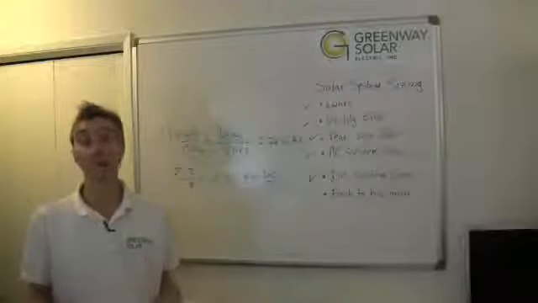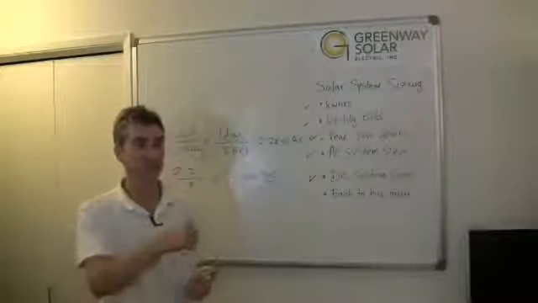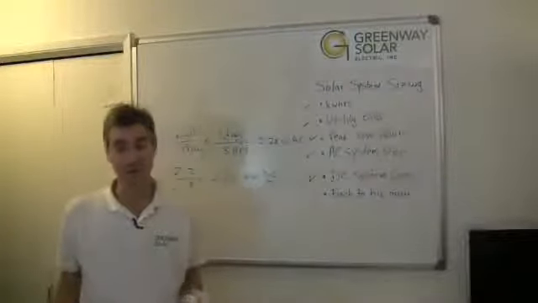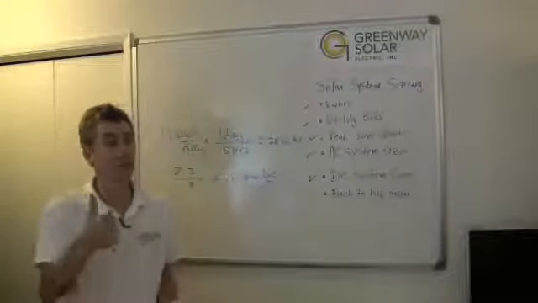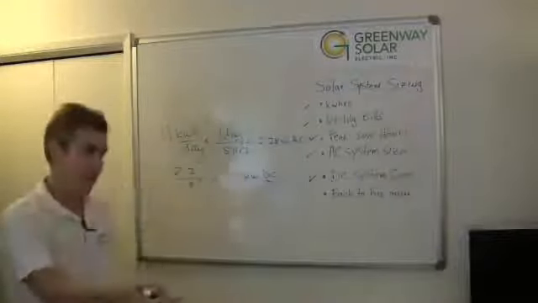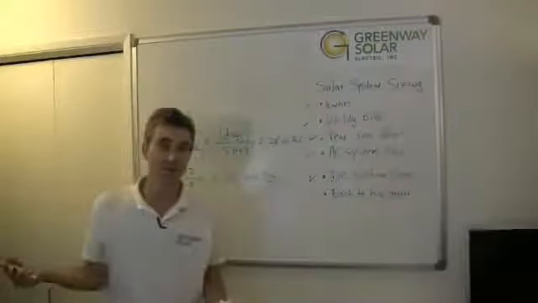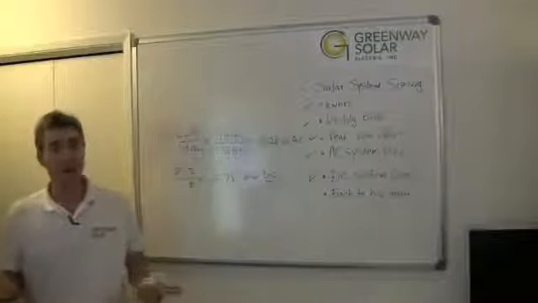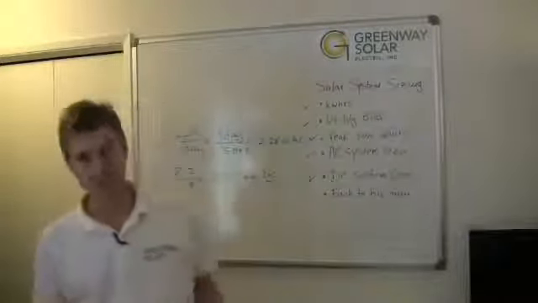They might not have a big enough roof to put a 9.75 kilowatt system like we just discussed a minute ago on their roof. So they might be limited just by the area available on their roof. Another situation might be, hey, a person just doesn't have the budget for a 9.75 kilowatt system. They might have 20 grand set aside, and that's going to dictate the size of system that they have.